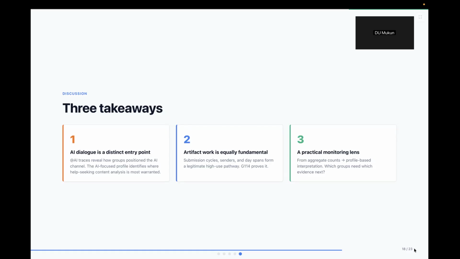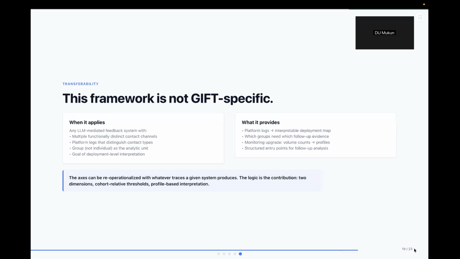The third one is a practical monitoring lens, so that we could see through the whole semester which groups are doing great and which groups need some help and improvement.